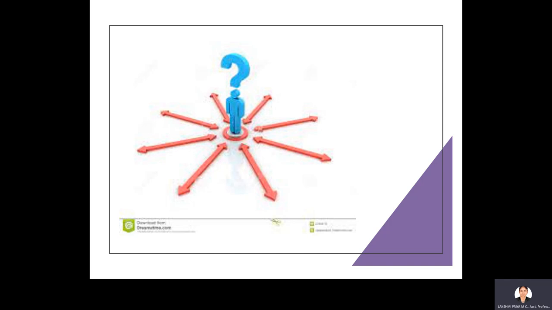So now the question is the best practices for using multiples. A judicious use of multiples can provide valuable insights, whereas an unthinking application of multiples can result in confusion and distortion.